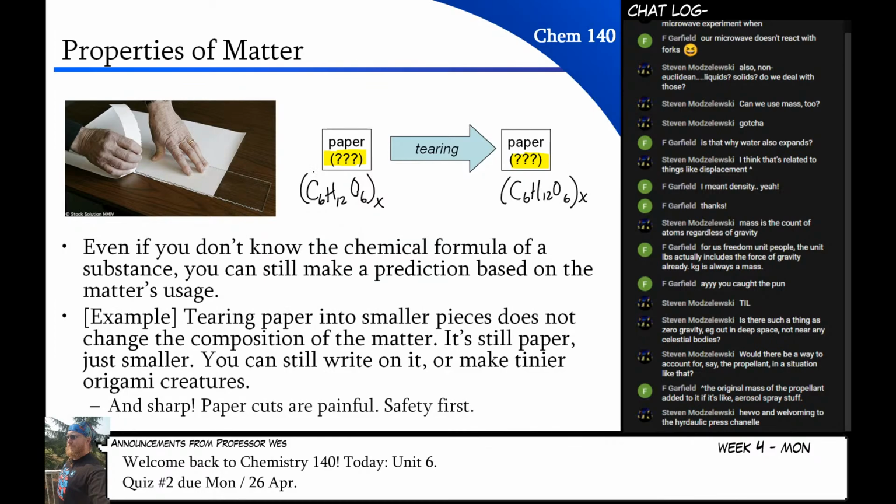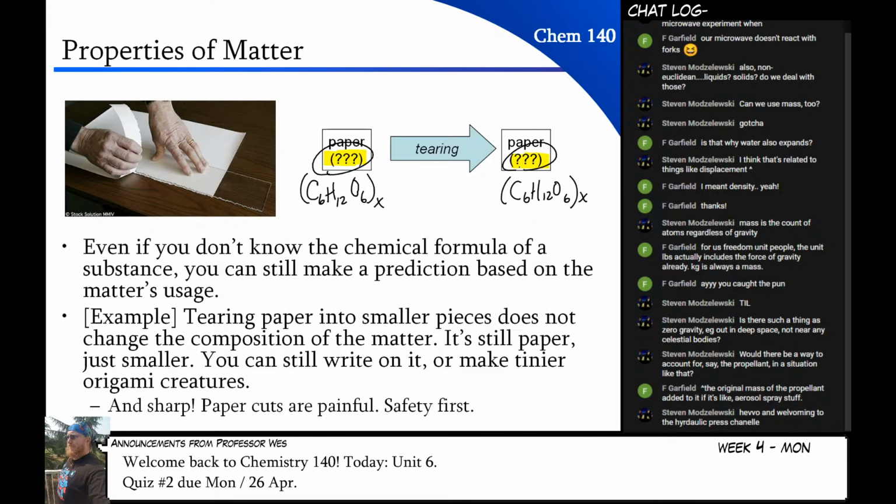But if you didn't know that, then you can work around that by just asking yourself intuitive questions. Okay, is the paper I tore usable in more or less the same way than it was before I tore it? And the answer is yes. You can write on paper. You could fold the paper. It's just a little smaller.